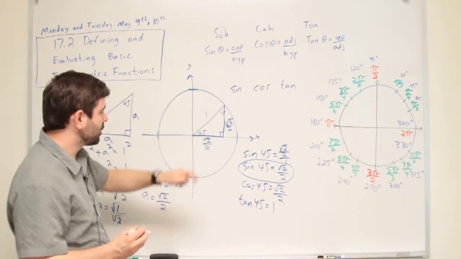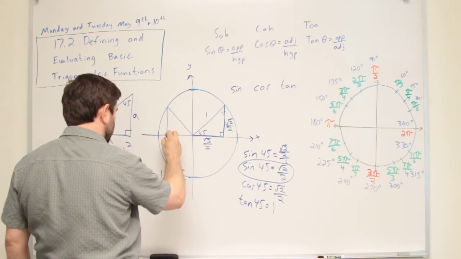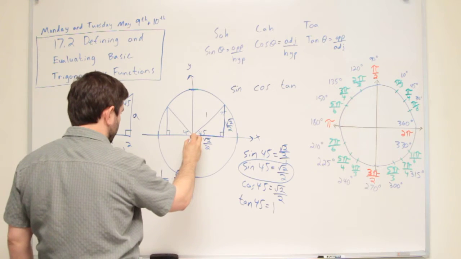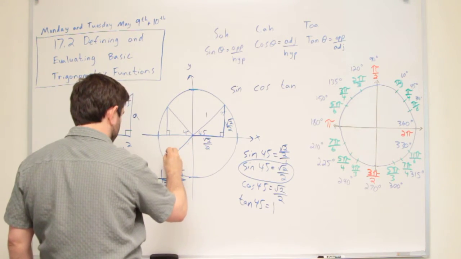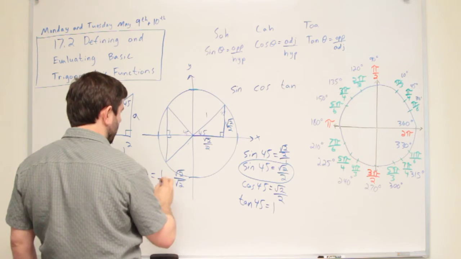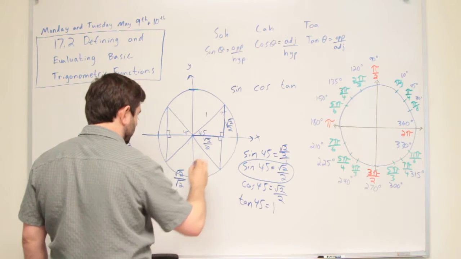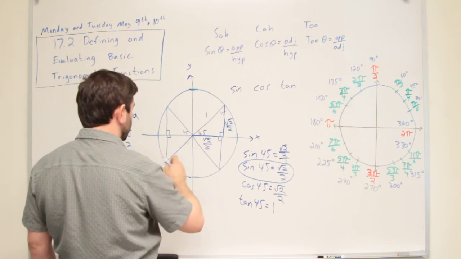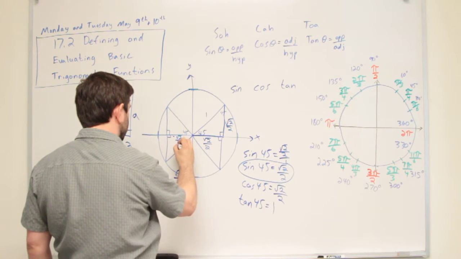This same relationship applies to this 45-degree triangle. It applies to this 45-degree triangle. And one more. And you can see how this is going to be negative root 2 over 2.